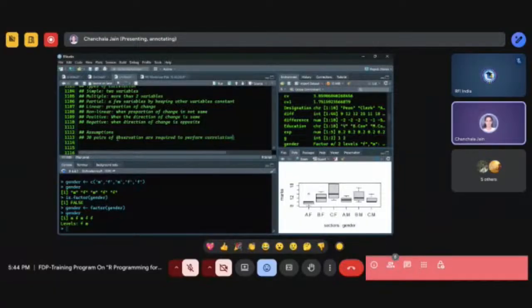Right? Then the dependent variable should be normally distributed.